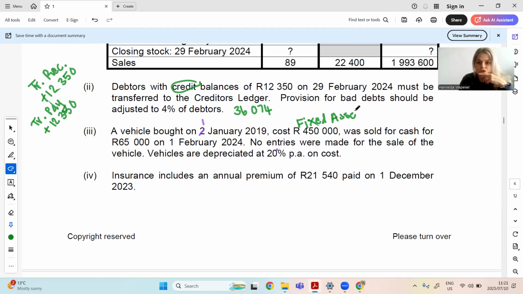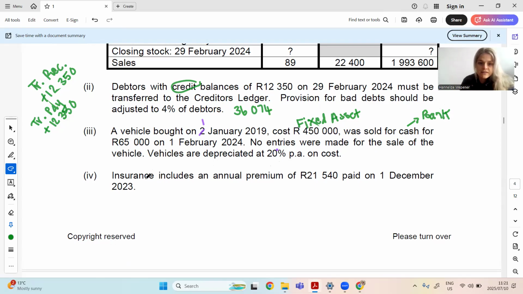And this was sold for cash, meaning bank in cash and cash equivalents. And then you would also have had your accumulated depreciation on your vehicles account. And then the profit or loss is shown in your statement of comprehensive income.